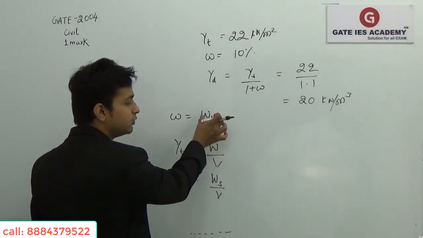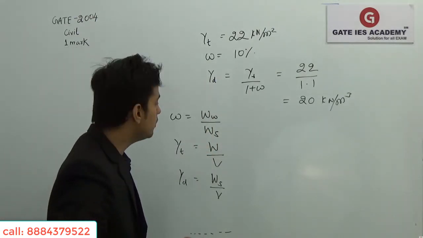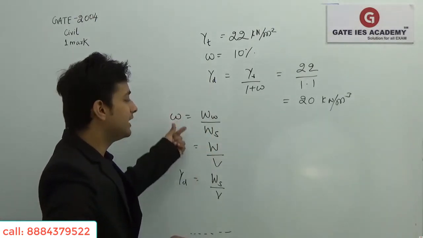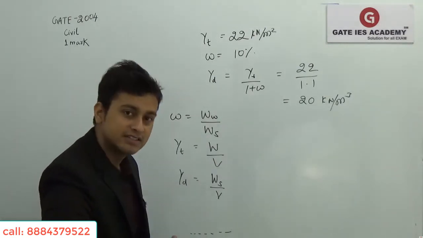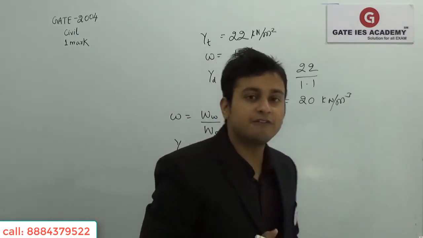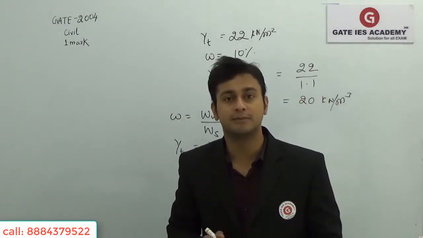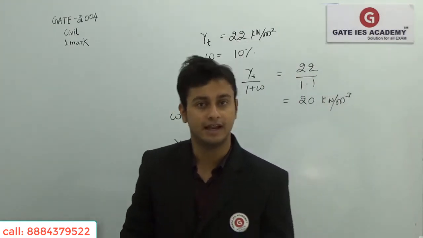Because Ww plus Ws will become capital W, and this you can easily manipulate and find the answer. You need not remember this formula. This can be derived in not even a minute. So you have to focus on simple concepts, using which you can solve any problem in GATE.